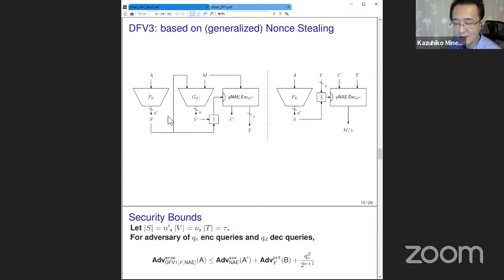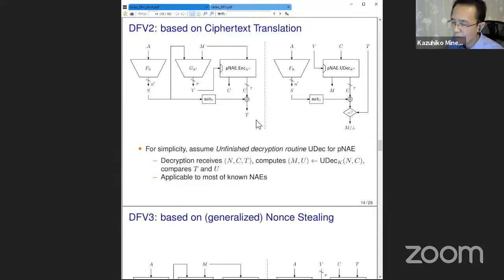Okay, that's a nice suggestion. I haven't checked if such an optimization works in a generic construction. But I would like to mention that in the case of DFB2, which is based on the ciphertext translation, any small optimization like that is hard to prove relying on the generic security of the nonce-based encryption.